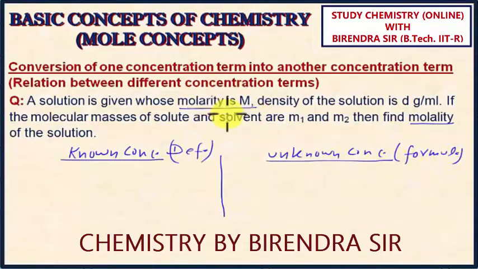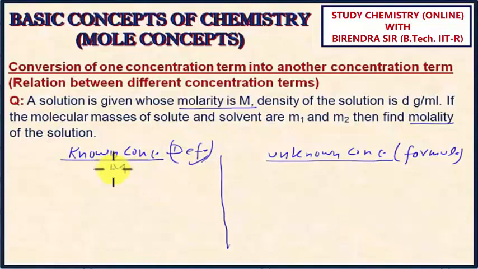For example, in this case, molarity is the known concentration. So I will use the definition for this molarity. And molality is the unknown concentration. So I will use formula for the molality. Now recall the definition of molarity. Molarity is number of moles of solute present in 1000 ml volume of solution.